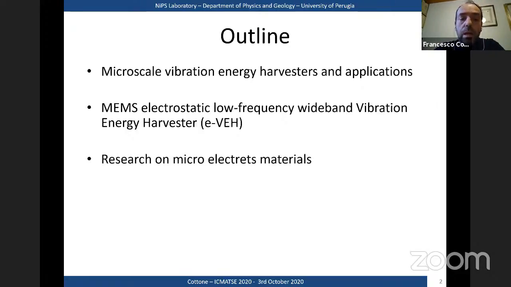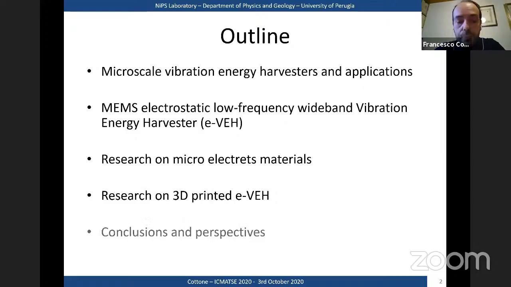And then I will show you some recent research on microelectronic materials that can be embedded and integrated with vibration energy harvesting systems. And I will talk to you also about recent developments and the big potential of 3D printed devices, which are quite interesting because of the low cost of manufacturing and fast prototyping. And then I will conclude this talk with some remarks and perspectives for the future.